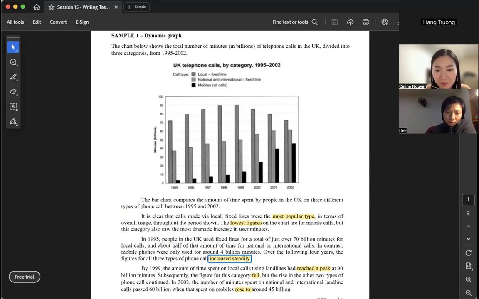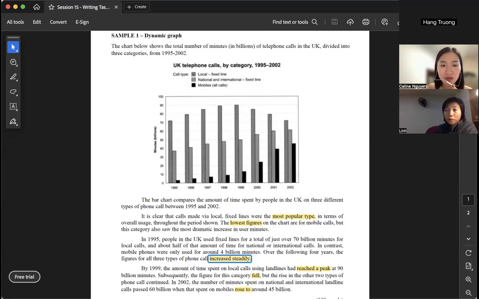I think in this writing task one, they have divided into two periods of time, 1995 to 1999, and 1999 onward. And I think we need to analyze the introduction, overall, body one and body two, respectively.